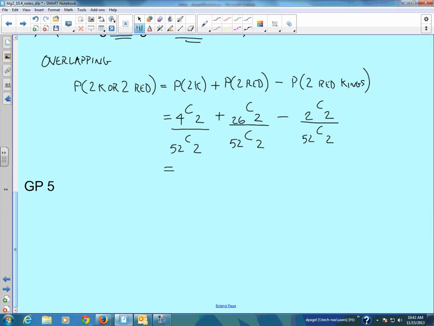All right, so then we go ahead and we set this thing up here. We're going to find out our combination numbers. So we go find our 4C2, and that's a 6. So we have a 6 plus a 6, and then a 2C2 is a 1. And each of these are over our 52C2, which is 1326.